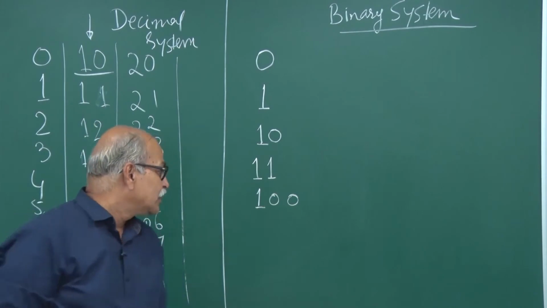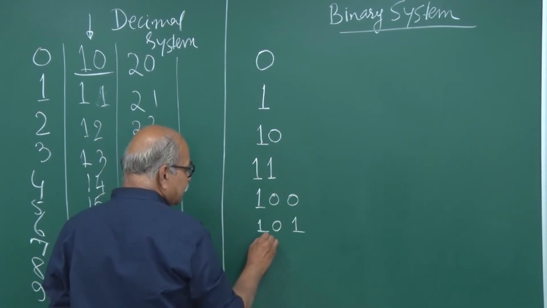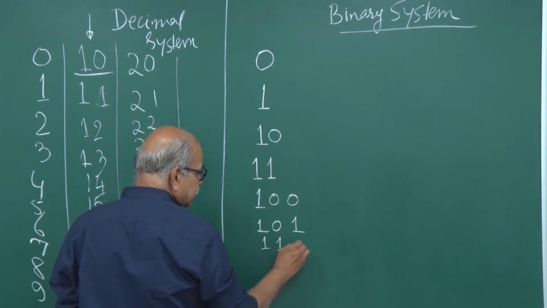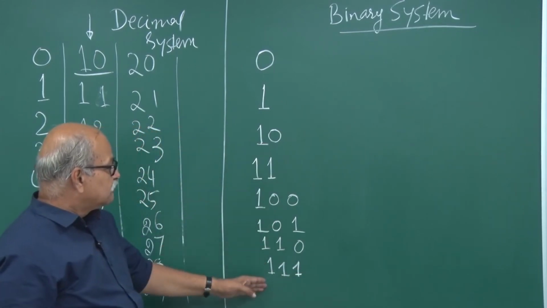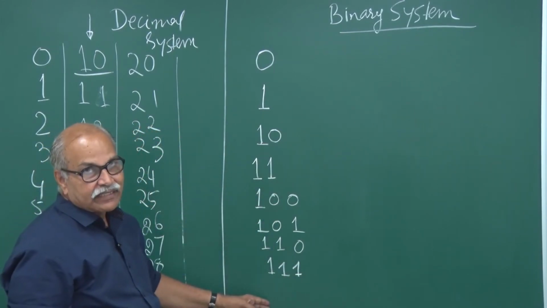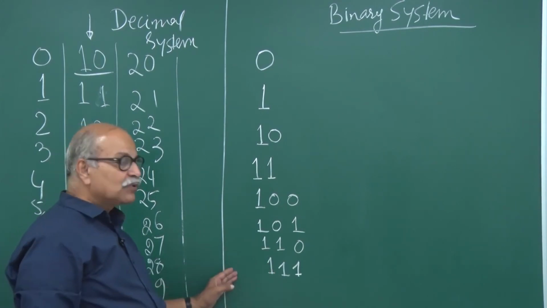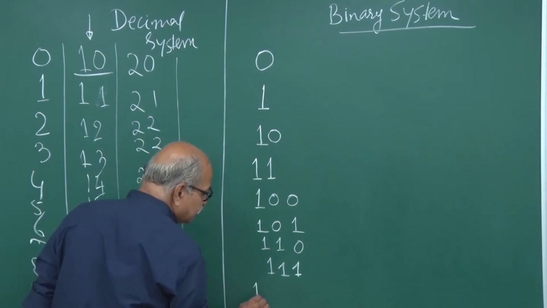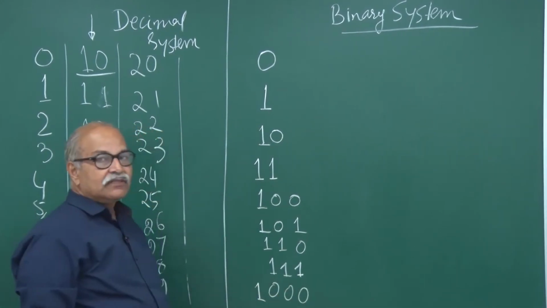You increase one by one. So, this will be 1 0 1, the next will be 1 1 0, and the next will be 1 1 1. I have reached the maximum 3 digits number that I can. Next number you add one more, and it has to be a 4-digit number, and that 4-digit number will be 1 0 0 0, like that.